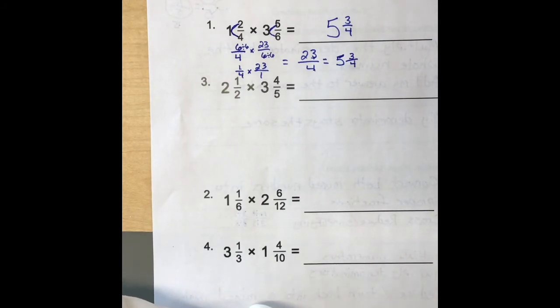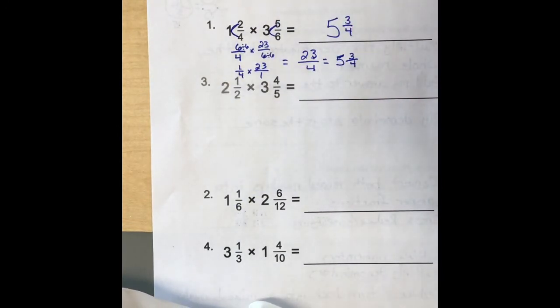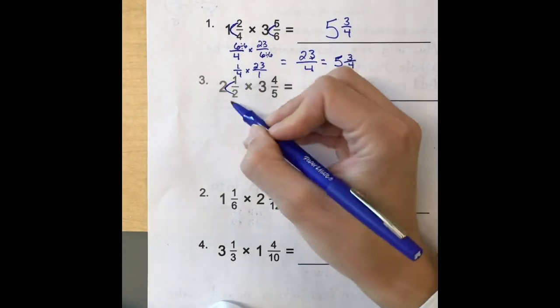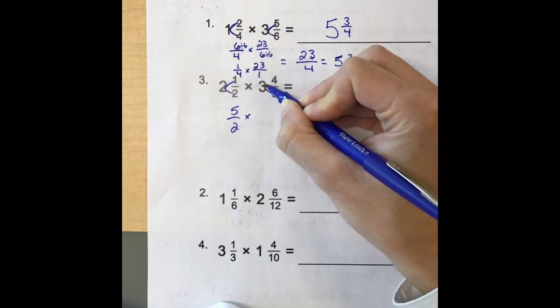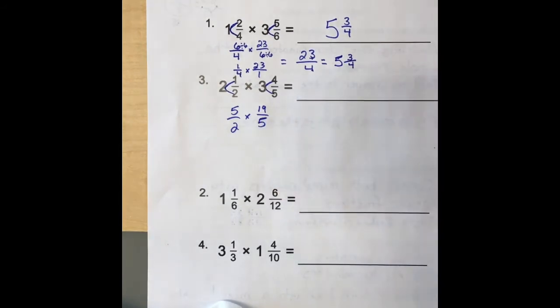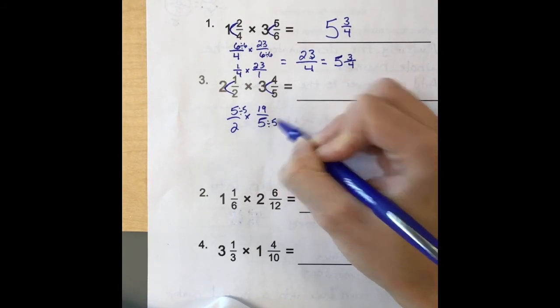Okay, welcome back. We're going to do number 3, and I know these are not in the right order, but that's just the way that I was able to screenshot them. So anyway, 2 1/2 turns into 2 times 2 plus 1 is 5 over 2. 3 4/5 turns into 19 over 5. Check yours and see if you got the right improper fractions. Okay, 5 can be divided by 5 as well as this 5.